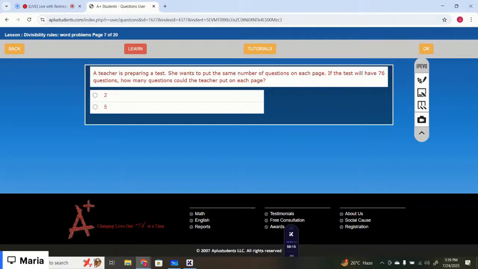A teacher is preparing a test. She wants to put the same number of questions on each page. If the test will have 76 questions, how many questions could the teacher put on each page?